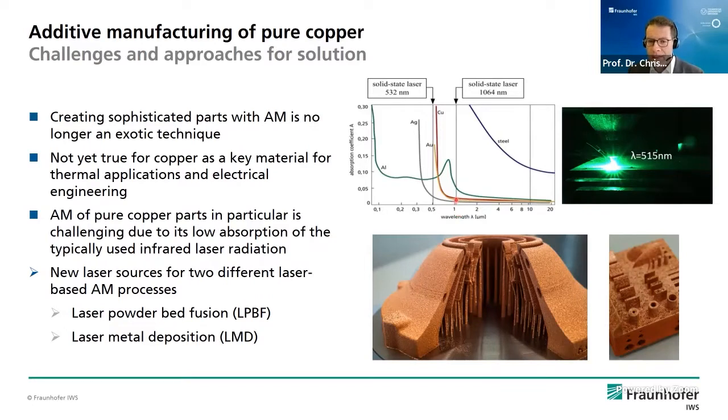As you can see, absorptivity is very low here. Now, a key to solving this problem with absorption is to use laser wavelengths which are much shorter. So, for example, the green wavelength at 550 nanometers, which is here, has a much higher absorptivity for copper, or copper has a much higher absorptivity for this wavelength.